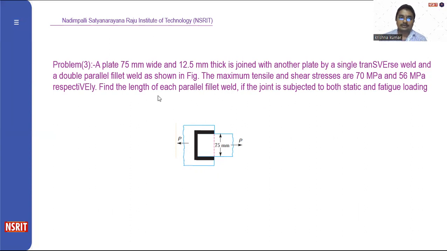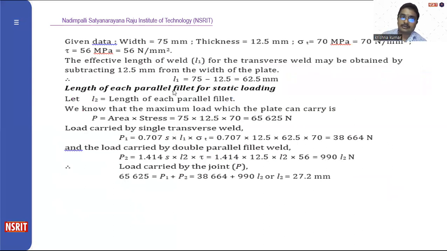We have to find the length of each parallel fillet weld if the joint is subjected to both static and fatigue loading conditions. First analyze the figure, then see how to solve.